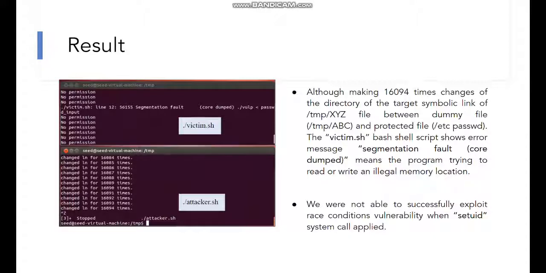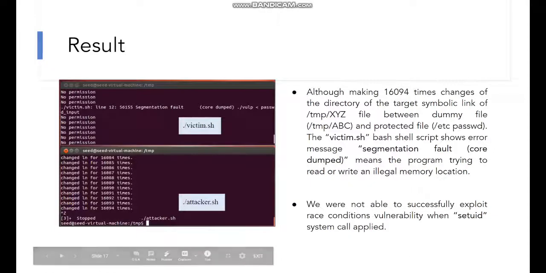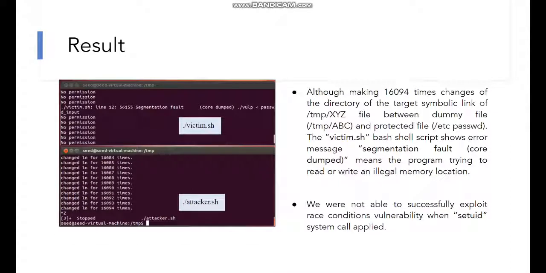As we can see here, the victim.sh says segmentation fault, core dumped, and in the attacker.sh, although making 16,094 changes of the directory between the dummy file and the protected file, the victim.sh script shows an error message, which is segmentation fault, core dumped, meaning the program is trying to read or write in an illegal memory location.